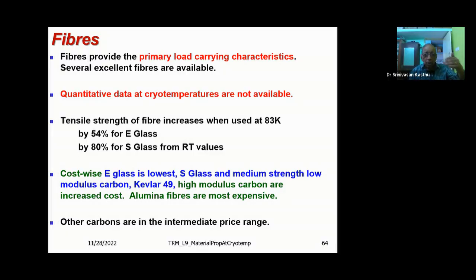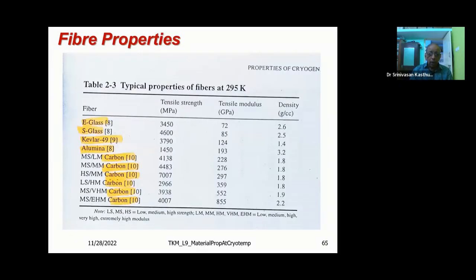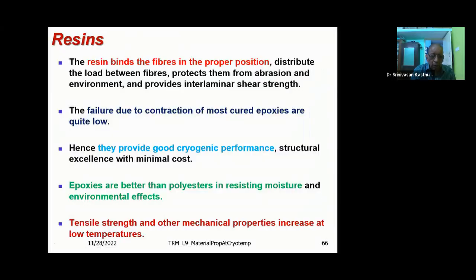So E glass, S glass, medium strength, low modulus carbon, Kevlar, then high modulus carbon, then alumina. So as you go on, you are in the increasing order of price, right? The properties are listed here: tensile strength and modulus, density is mentioned. These values are for room temperature, 295 Kelvin.